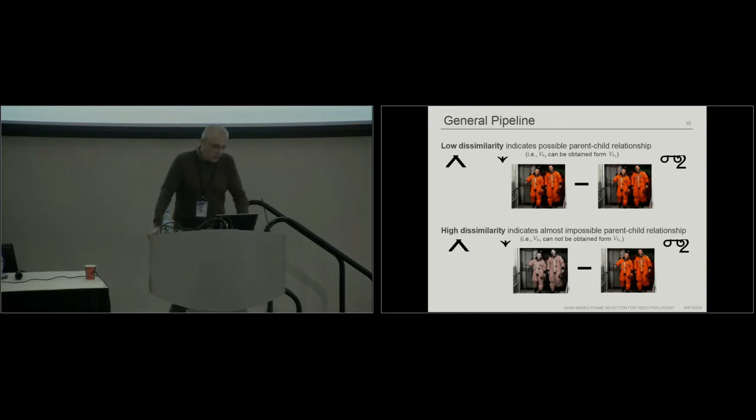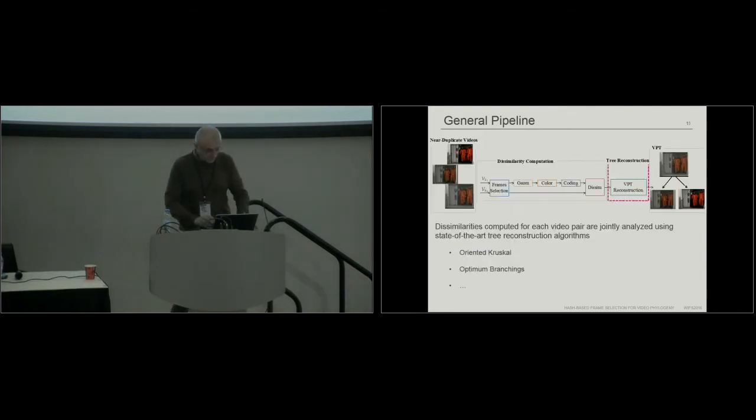A low dissimilarity indicates that a relationship of the type parent-child is highly probable, while a high dissimilarity indicates that a relationship of the type father-son is not probable in the creation of the content.